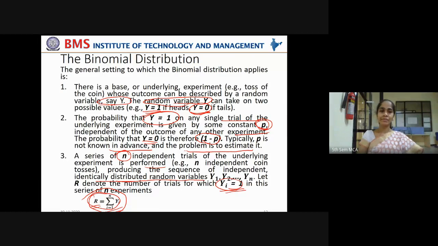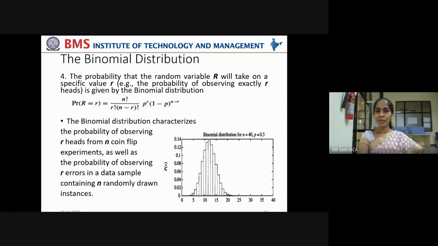That's all. Now, the probability of the random variable R. What is the probability of observing 4 heads out of 10 coin tosses? Or what is the probability of observing 6 heads out of 10 coin tosses? That is of interest, right?